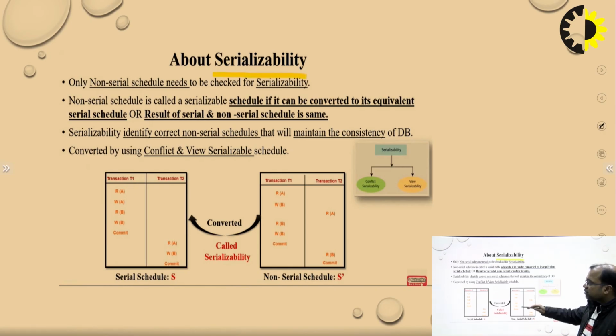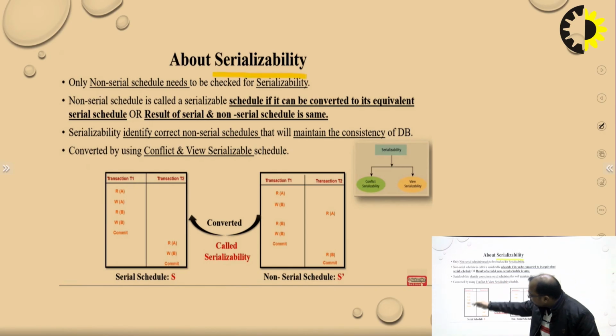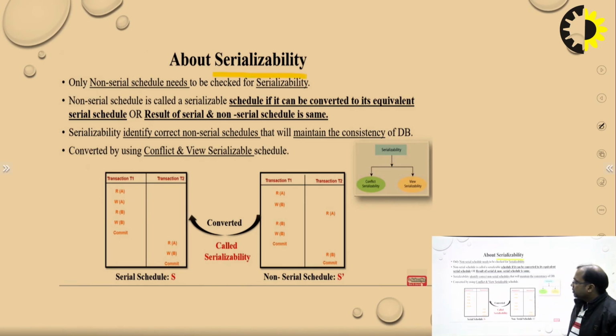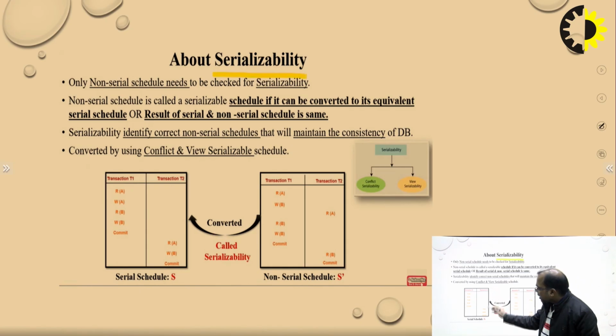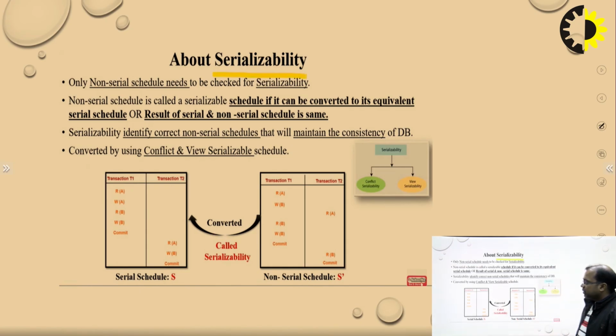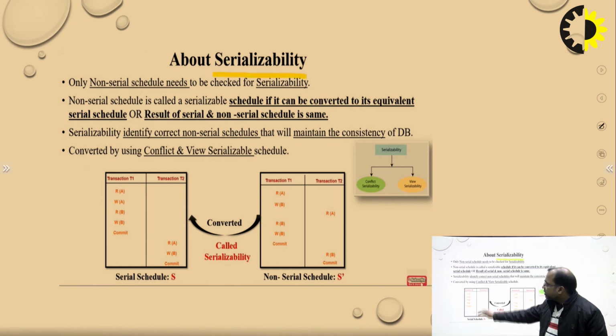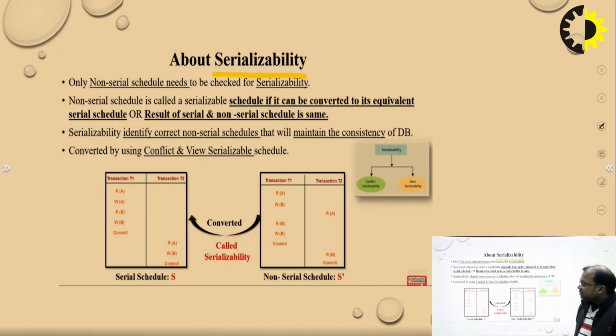So transaction 1 completes all its operations at a time and then commits. Then transaction 2 starts reading the data item A, then writing the data item B, and then commits. This work is done in serial, so schedule S is a serial schedule.